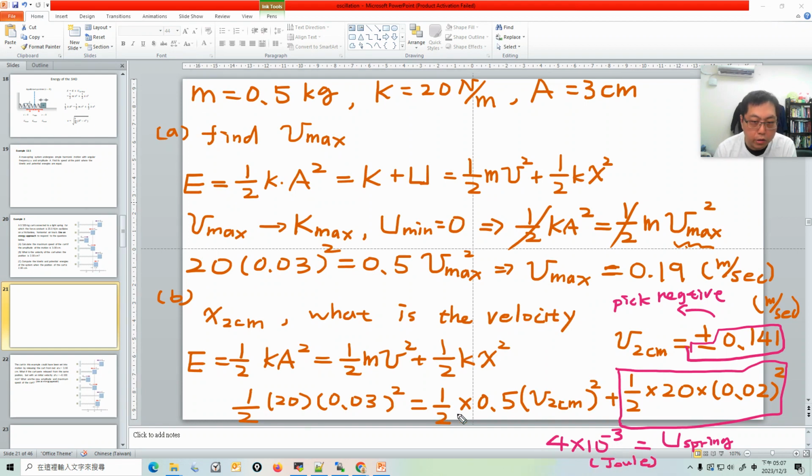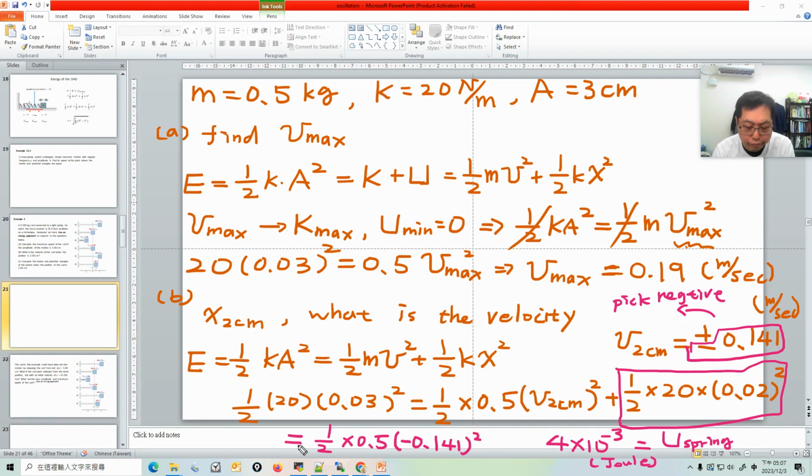And what's the kinetic energy? Just put the velocity in: 1/2 times 0.5 times velocity squared. So 1/2 times 0.5 times negative 0.141 squared.